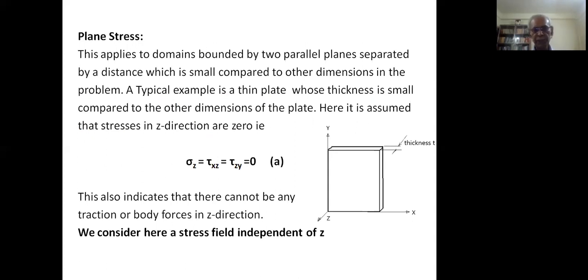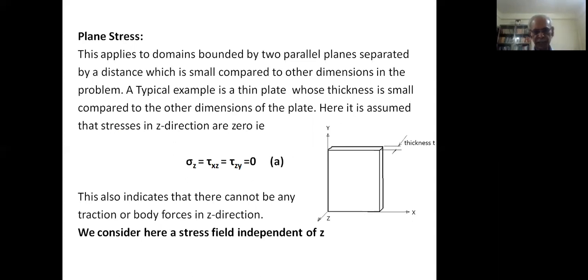In the plane stress problem, we consider a domain which is bounded by two parallel planes. In fact, this can be very easily taken as a thin plate, where the thickness of the plate is much smaller compared to the other dimensions, so that we can assume that the stresses in one of the directions, say the z direction, are 0.